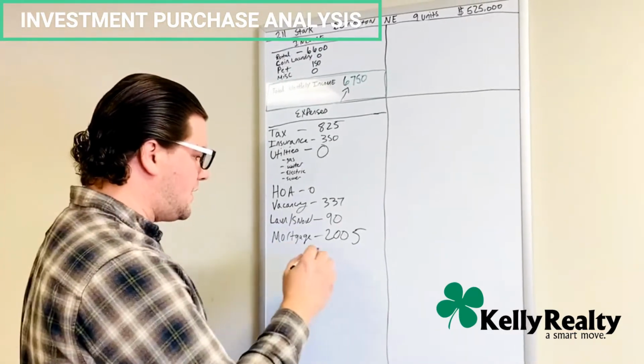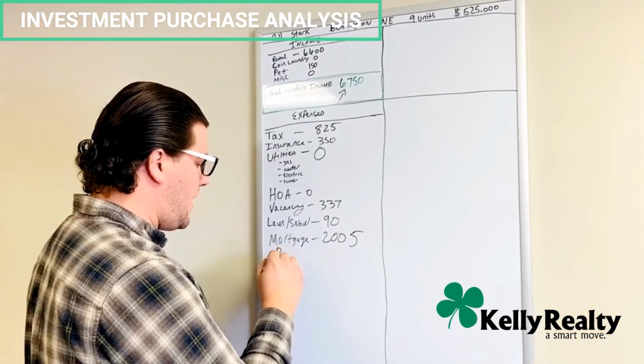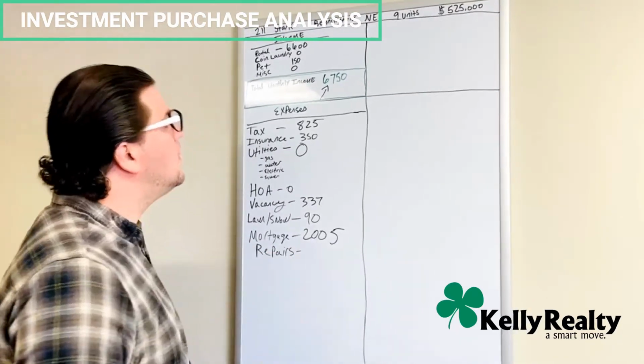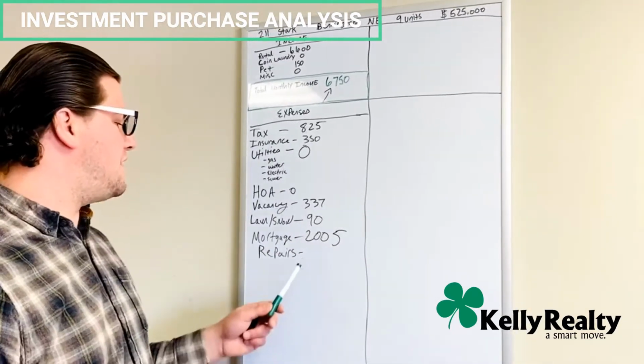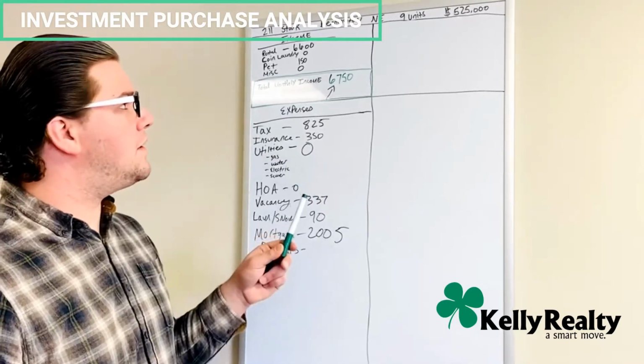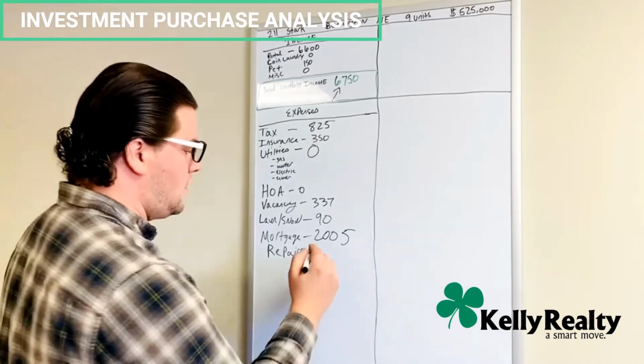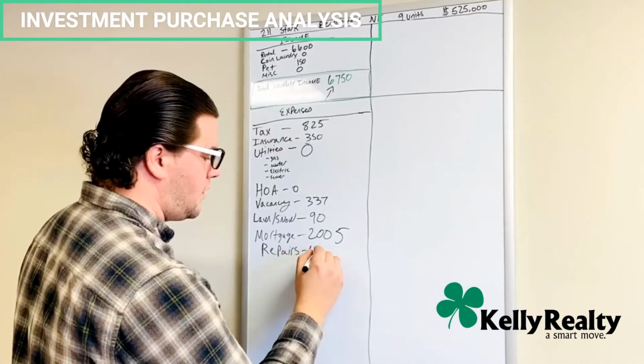A couple other expenses that you should consider are repairs and maintenance. A good rule of thumb would be $50 per unit per month. So $50 times 9 would come to $450.